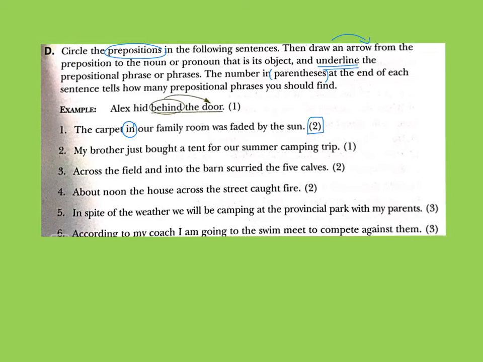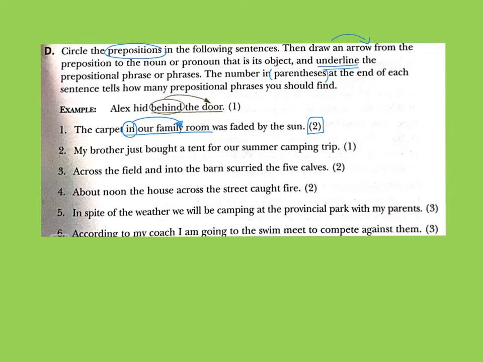So the prepositional phrase starts with the preposition and ends with a noun or pronoun. Now, our is not a noun or pronoun. Well, it's part of a pronoun, but it's in the family room. So in our family room is the entire prepositional phrase, so that's what you need to underline. And then the object that shows you where it's in is the family room.